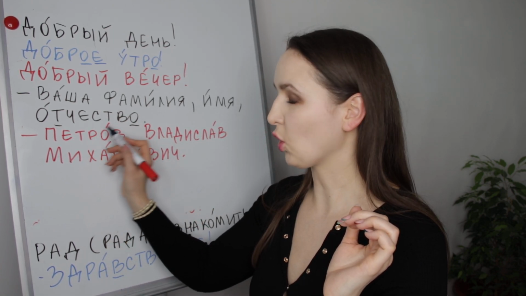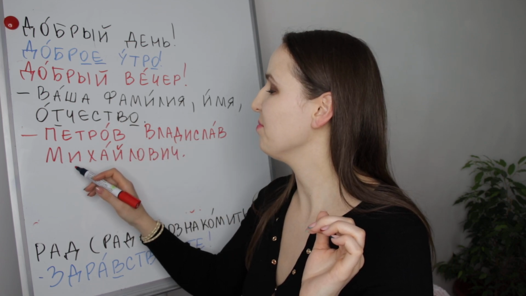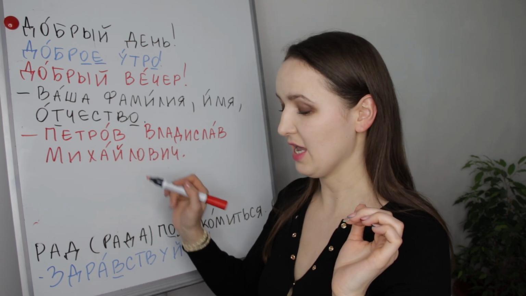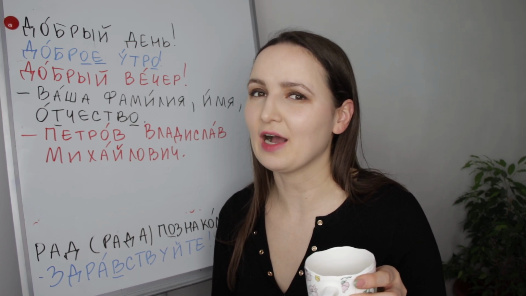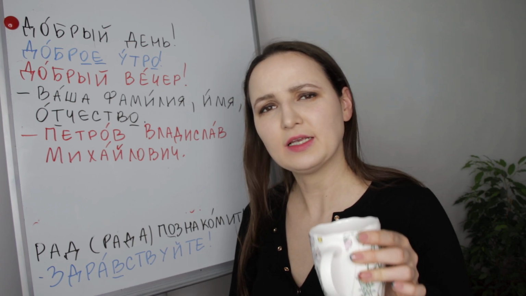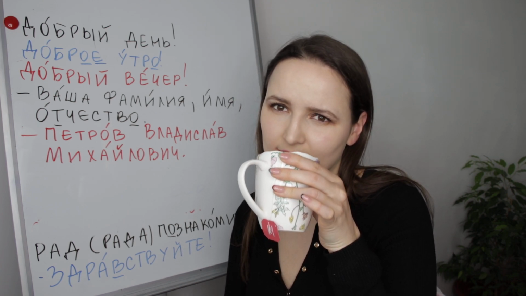Петров Владислав Михайлович. Михайлович is his patronymic. His patronymic is Mikhailovich, so his father's name is Mikhail. Michael.